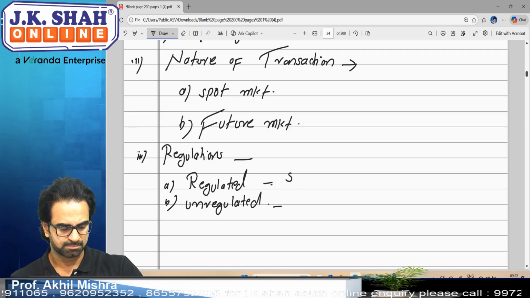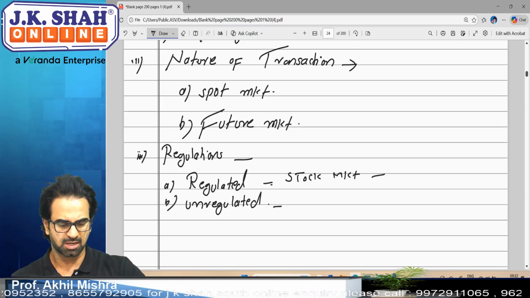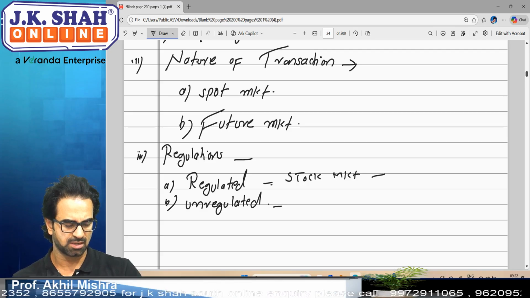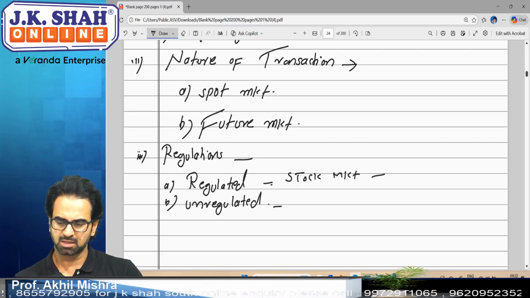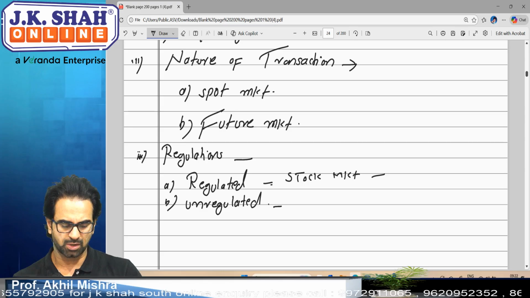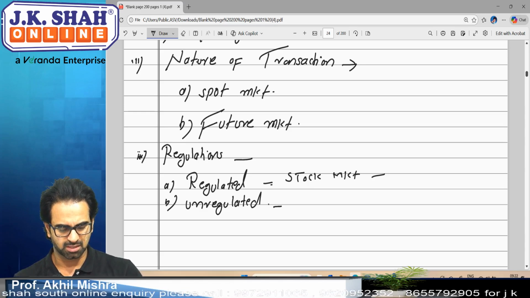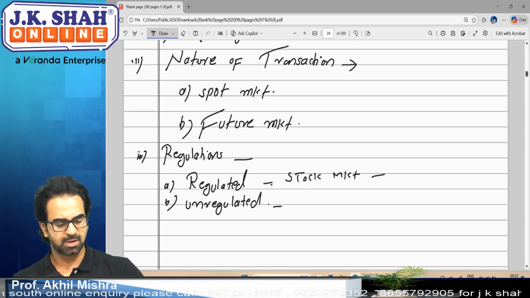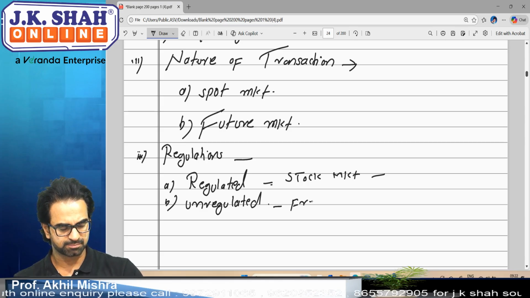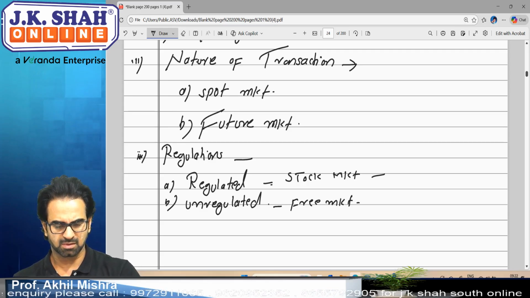Example, stock market. Authorities like SEBI and RBI, indirectly, they control the market. So a regulated market is the market where buying and selling and all kinds of activities are being controlled by the government. Unregulated market, you can say free market.